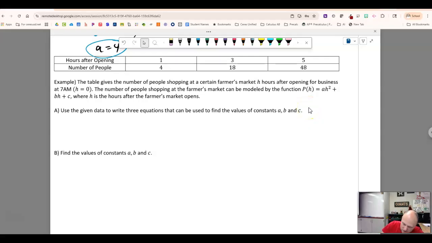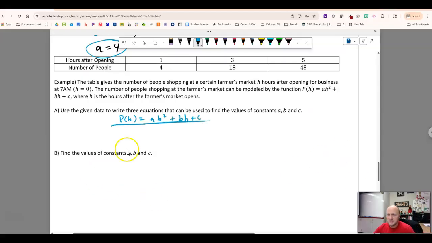So they say this data is modeled by P of H, right? So P of H is A times H squared plus B times H plus C. And I'm just going to replace this with the information from the table.